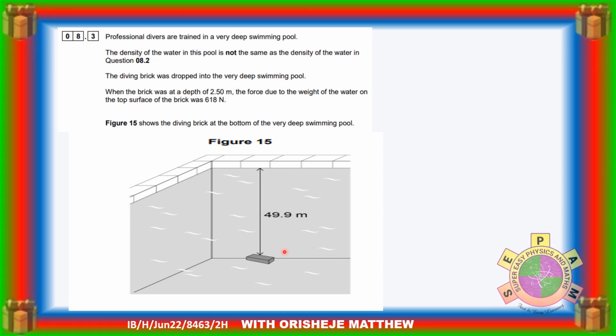Since the water in the swimming pool has the same density, once they give you the density at any depth, you can extrapolate it to calculate at another depth. So that is what this question is all about. Let's go to the question related to this session, to find the depth.